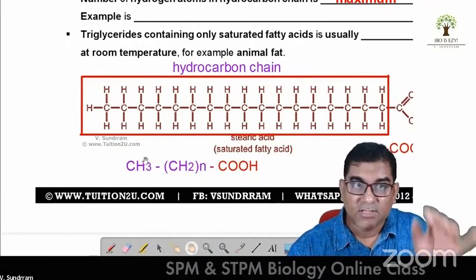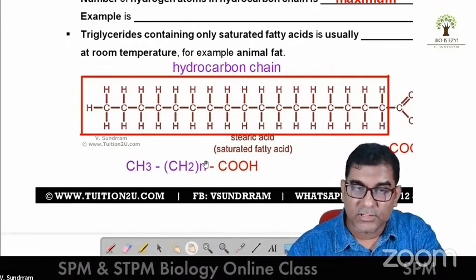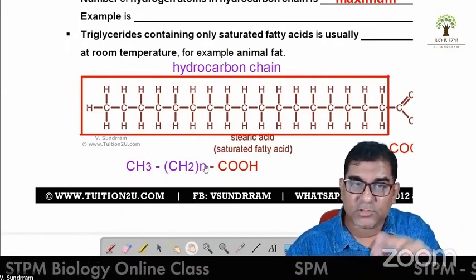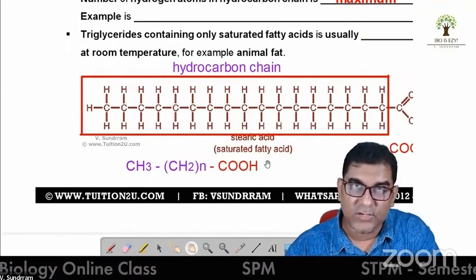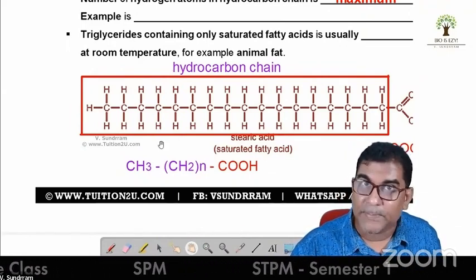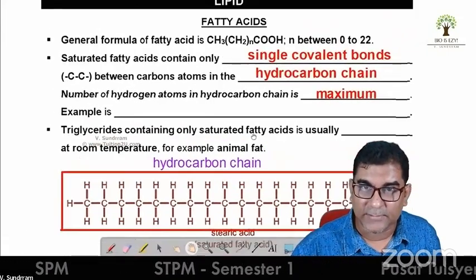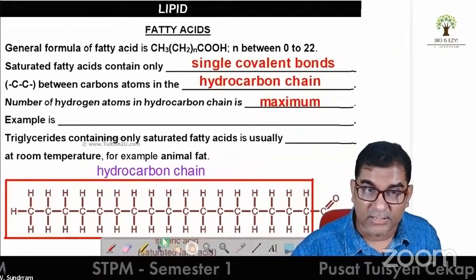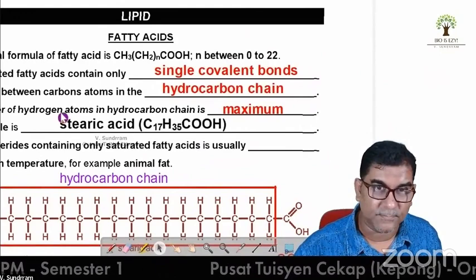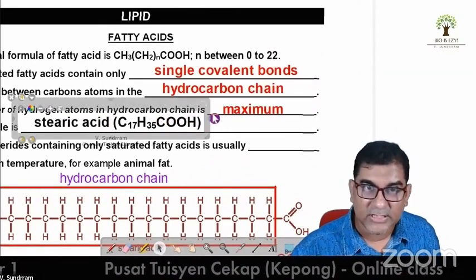long sentence, CH3, no need dash. If you know the number, no need to write the dash. CH3 in bracket CH2 16 COOH. If you combine everything I colored in purple, this is what you get: C17H35COOH.